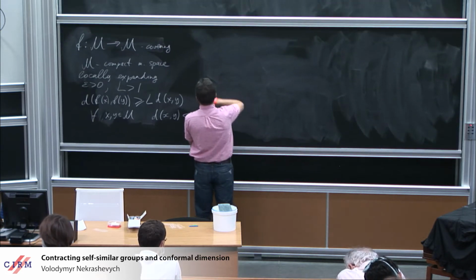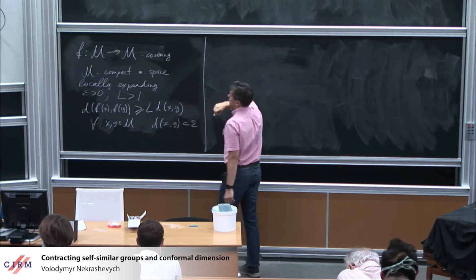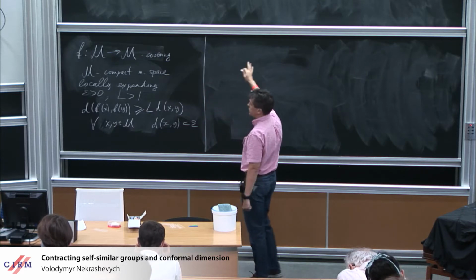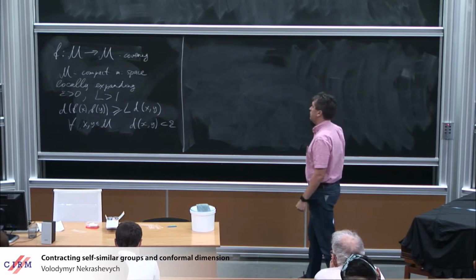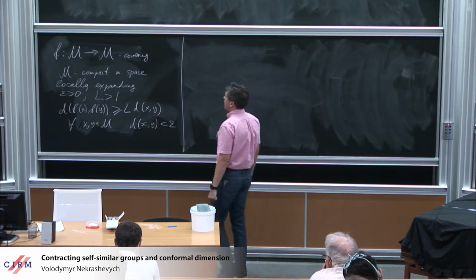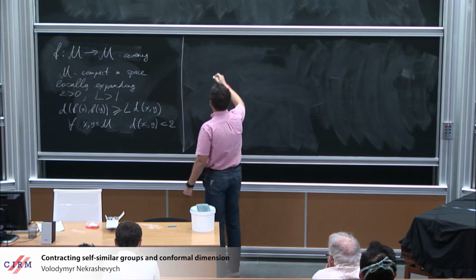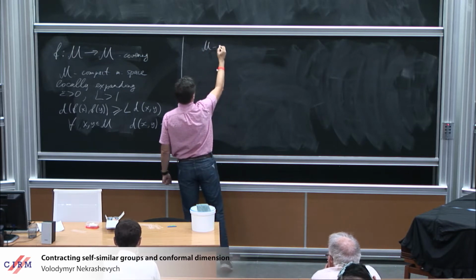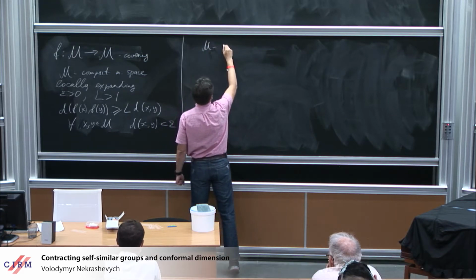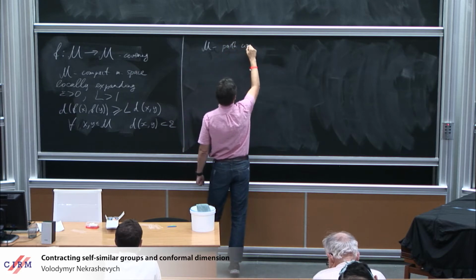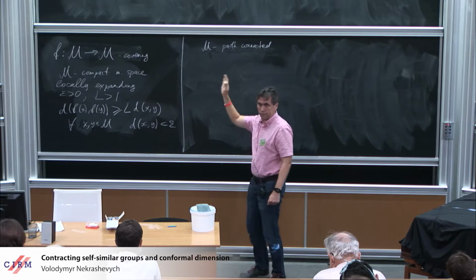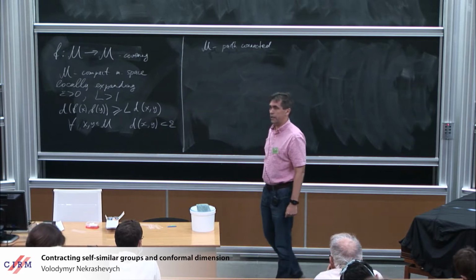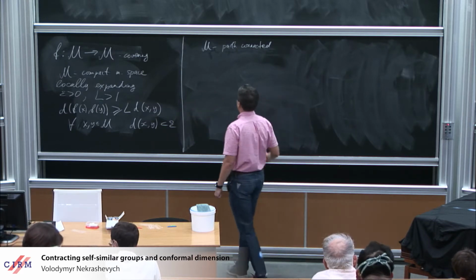So now I want to associate an algebraic object with this situation. And for that, I will assume that M is path connected, though it's not really needed. It's just easier notationally, but everything I say will be true for any expanding covering map.